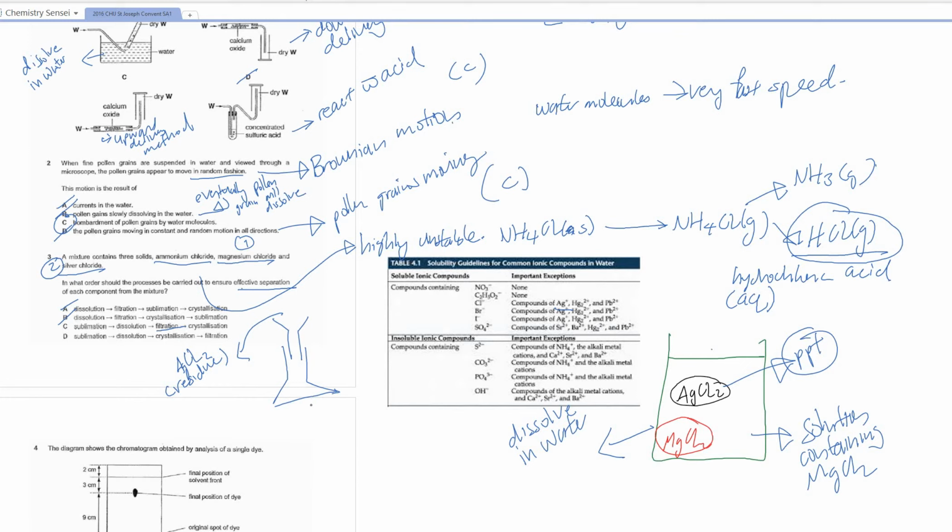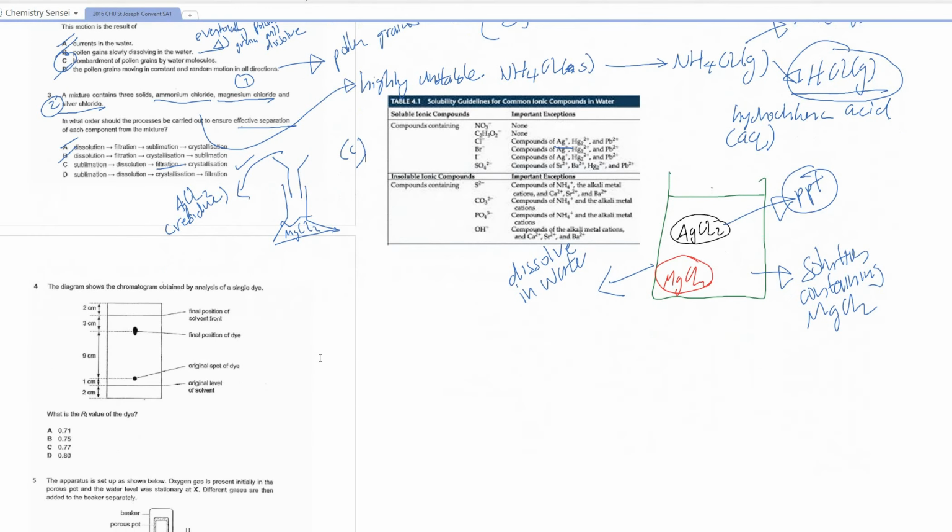The soluble magnesium chloride is found here. In order to obtain magnesium chloride, we will need to remove water through crystallization. So the correct answer for question 3 is option C.